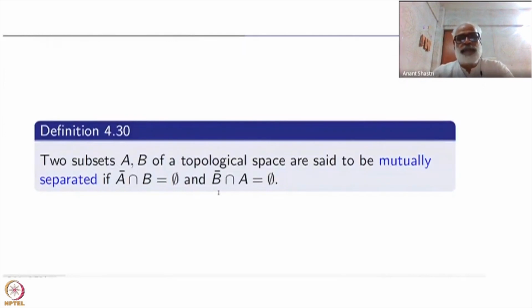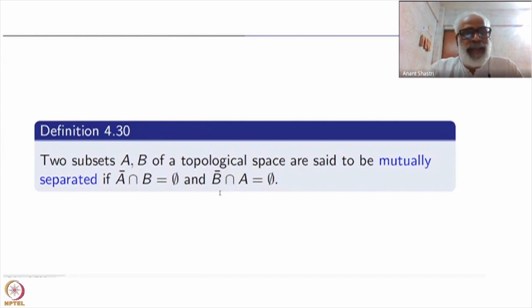Two subsets A and B of a topological space are said to be mutually separated if A bar intersection B is empty and B bar intersection A is empty.